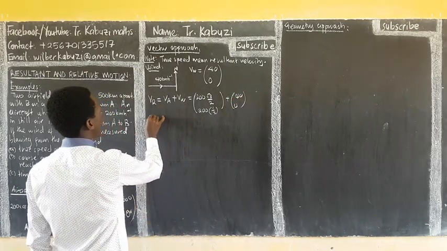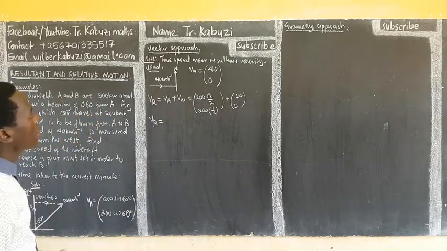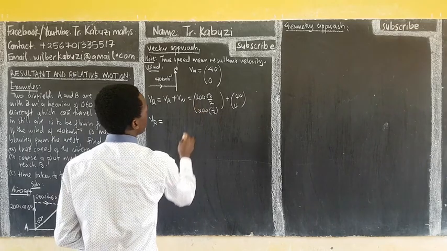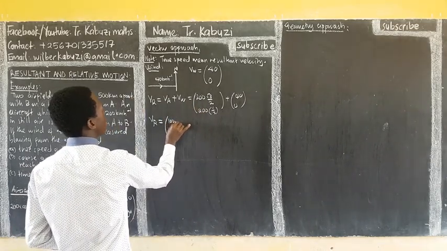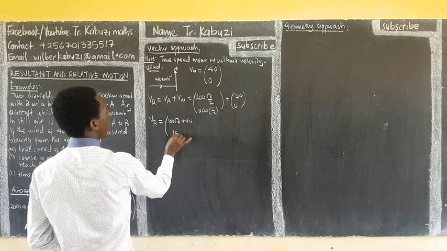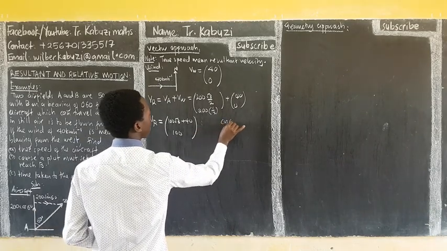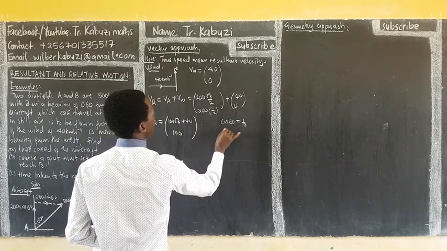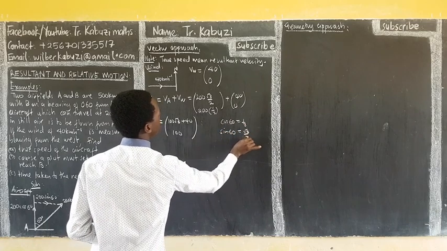So now our resultant is going to be 100 root 3 plus 40, then this will be 100, as simple as that. Note that cos 60 is a half, and sine 60 is root 3 over 2.